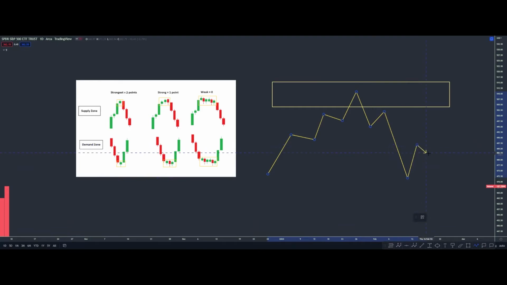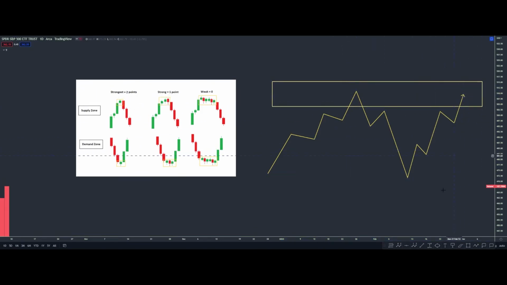But let's say it works its way back up, okay, to this reversal here. And let's say once that price action enters that zone that had just formed, you immediately get a wick out of the zone, maybe a candle closes back out of the zone. That's going to identify that is a strong zone.